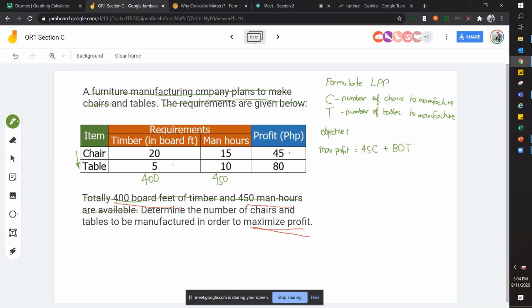Okay. Next. Anong constraint natin? Bakit less than or equal? Correct. Next. Okay. Next.